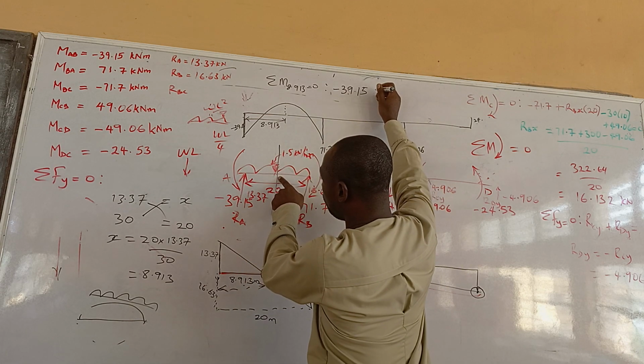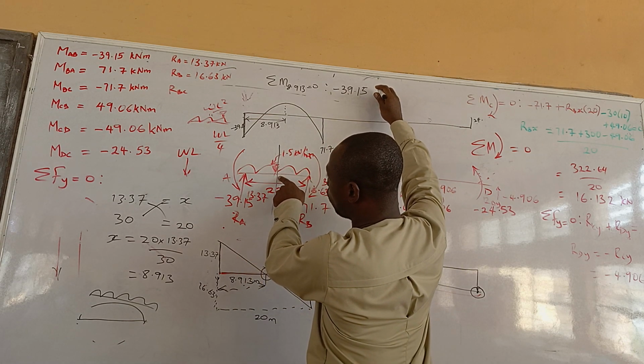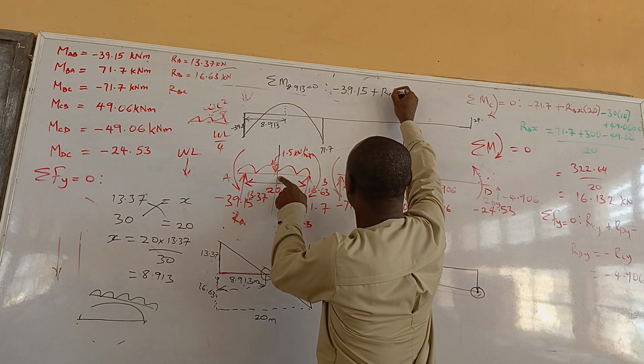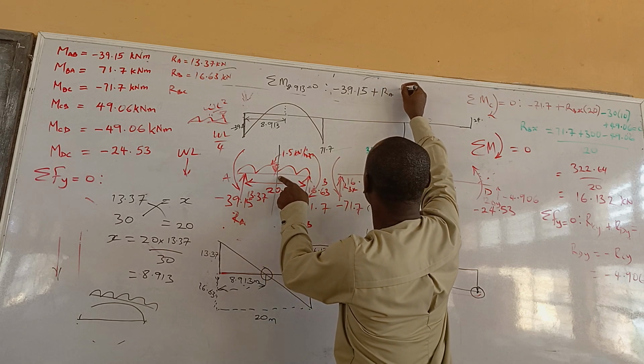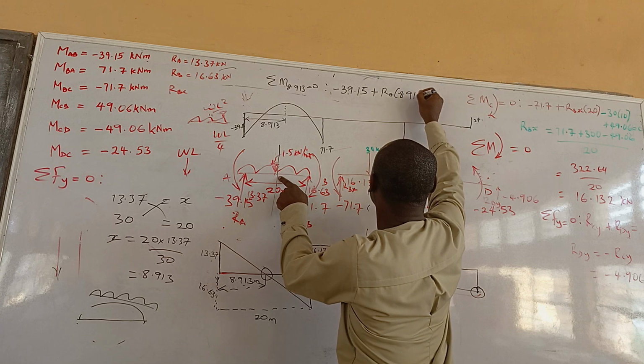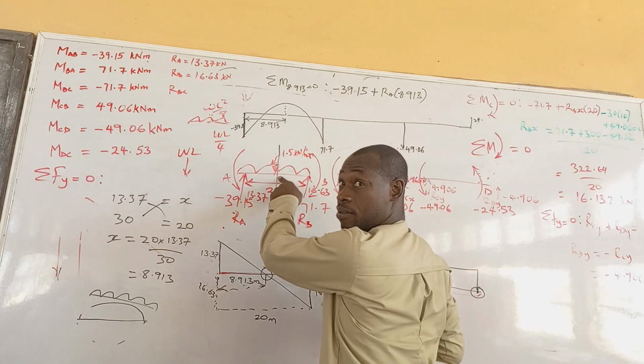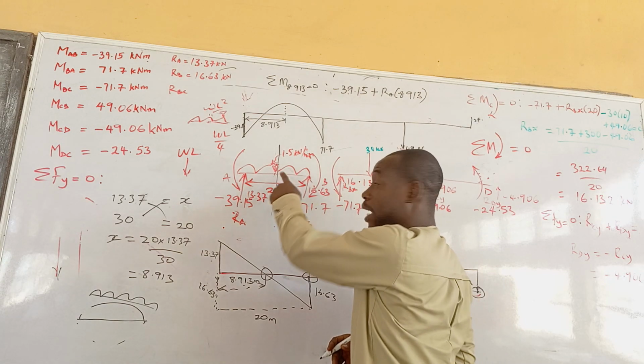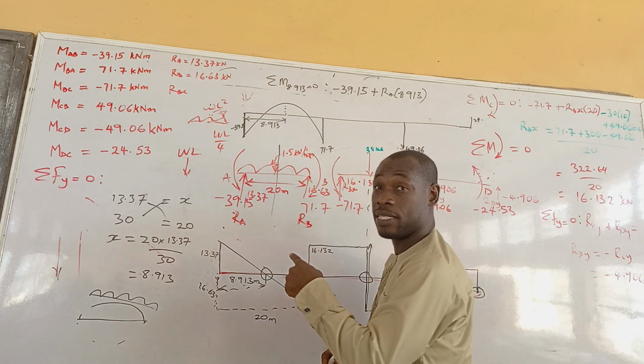This R, is it plus or minus? Plus R A times, what's the distance? 8.913. That's the distance now. We are not taking moment to this place, we are taking moment to this particular point. And the distance from here is 8.913.